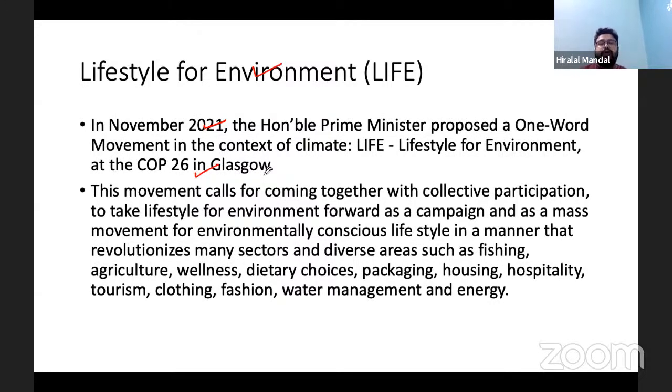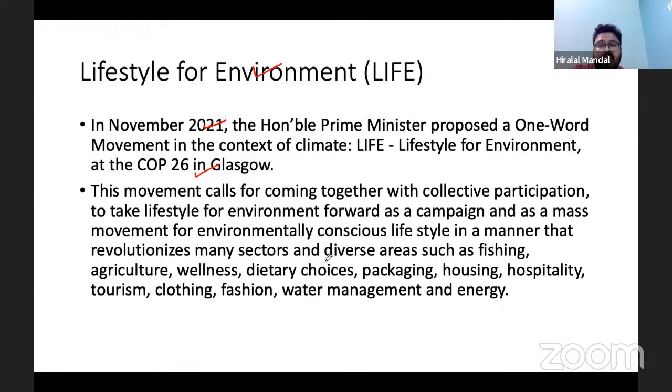There is a need to promote a healthy, environmentally sustainable lifestyle in a manner that the sectors get benefited. So there's a need to revolutionize and make people aware about climate related lifestyle.